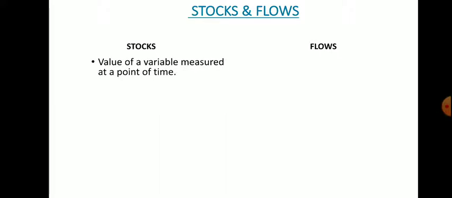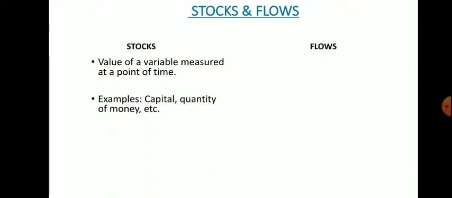Now, stock variables refer to those variables which are measured at a particular point of time. This is very important. At a particular point of time you have to measure in case of a stock variable.